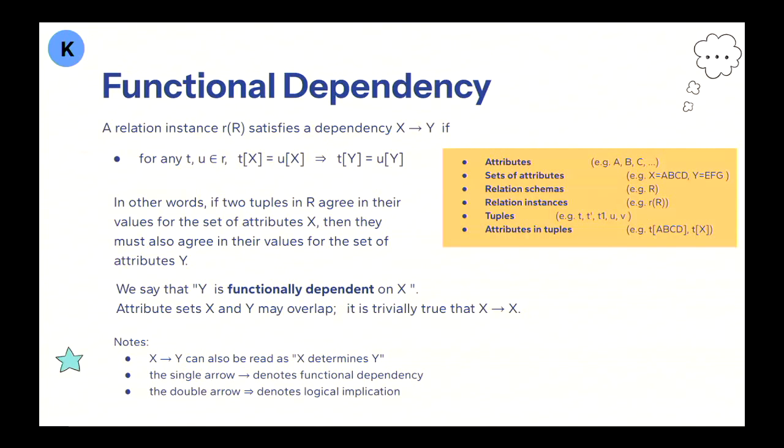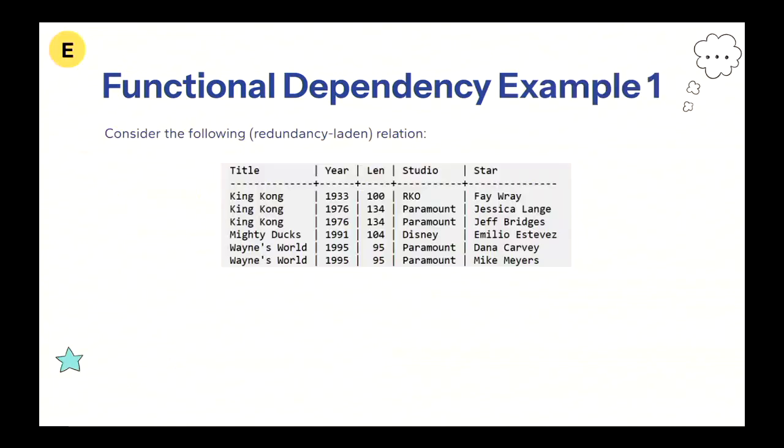It's very similar to the concept of keys, because once the key of a tuple is settled, then the rest of the values are also settled, also fixed. So the concept is somehow related to keys, but we will learn more about this later.